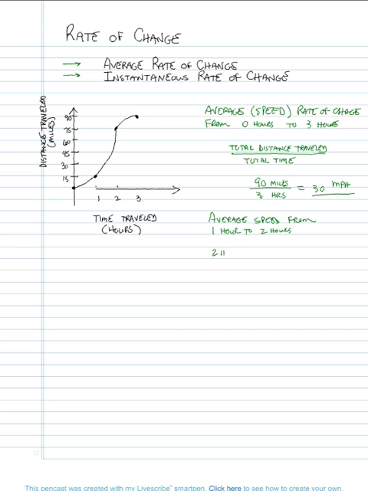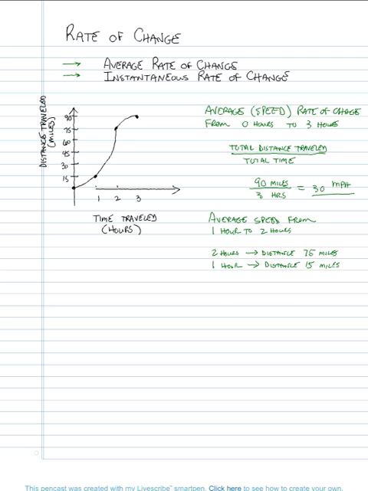Well, at 2 hours, the distance traveled would be 75 miles. At 1 hour, the distance would have been 15 miles.